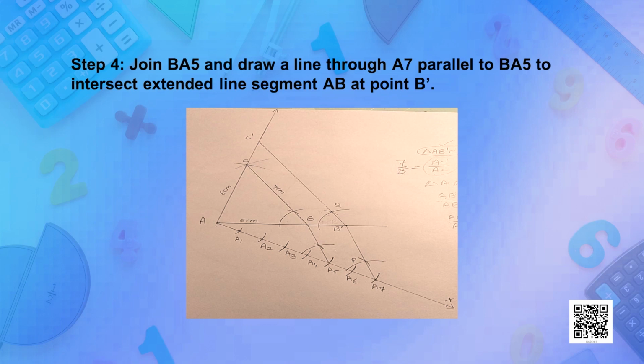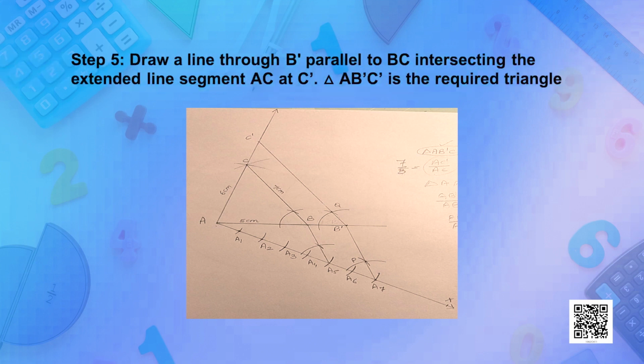Then the next step is to join B and A5, then draw a line through A7 parallel to BA5 to intersect the extended line AB at point B dash. Next step is to draw a line through B dash parallel to BC intersecting the extended line segment AC at C dash. We get triangle AB dash C dash, which is our second required triangle.